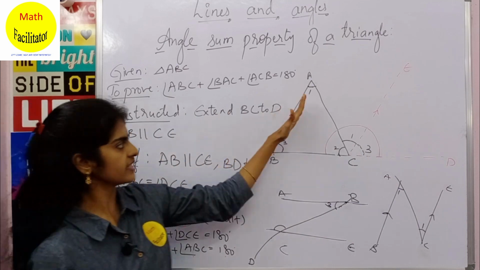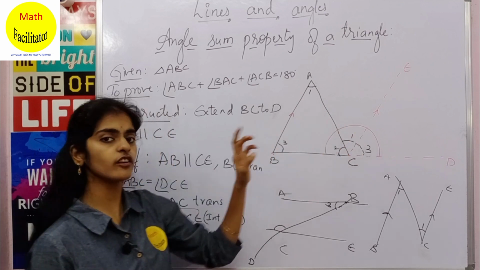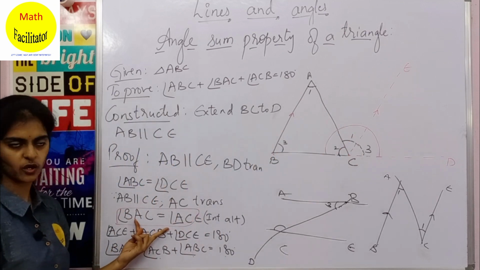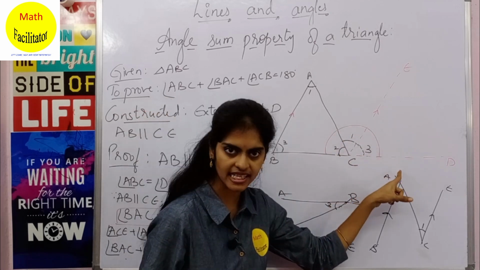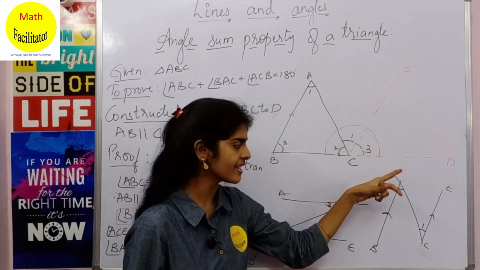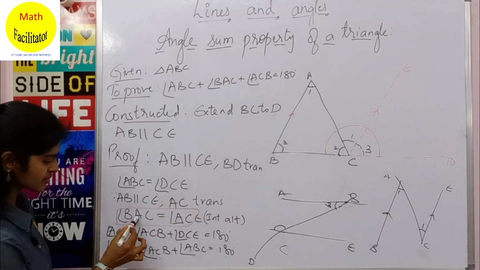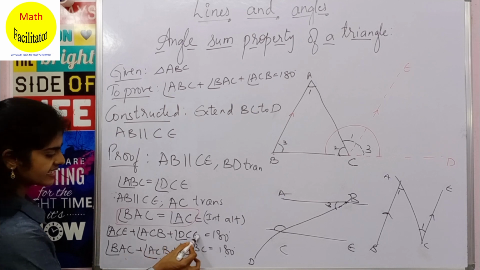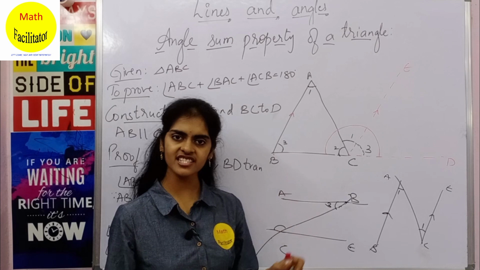Now when these two are parallel lines and this is the transversal, these two angles are alternate interior angles, so they are equal. Again you can see that the sum of these three angles is 180 since it is a straight angle. So just writing it, you can replace ACE as BAC and DCE as ABC. So you will get that the sum of three angles in a triangle is 180 degrees.